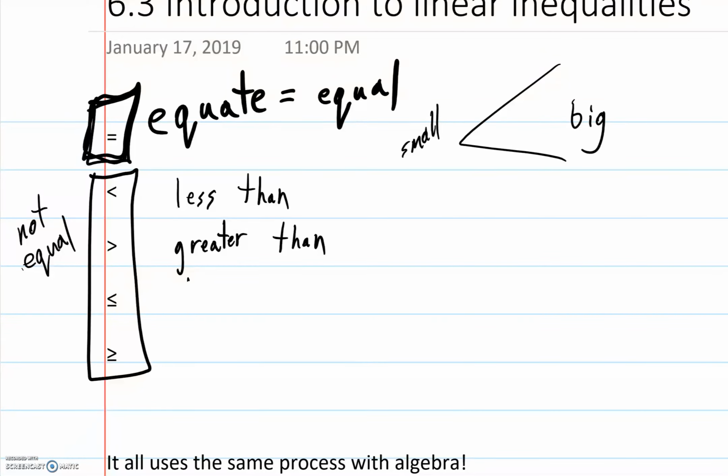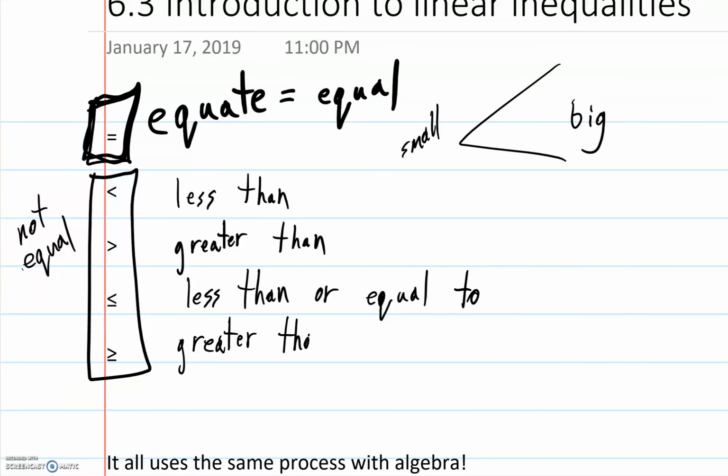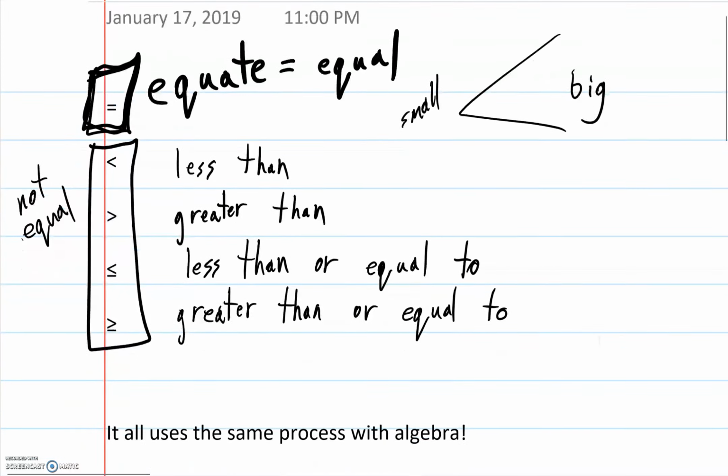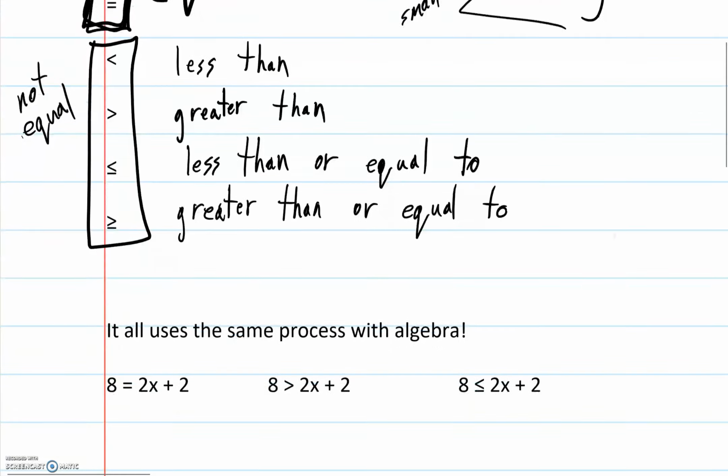So this one here is less than or equal to, and this one will be greater than or equal to. That's just the general gist of it. Hopefully that helps.